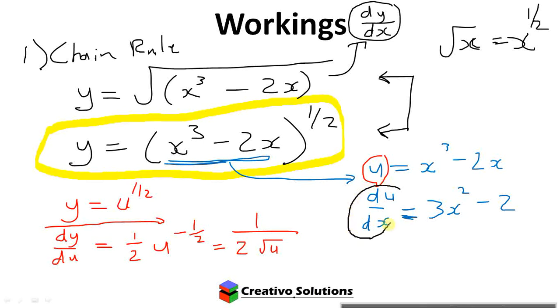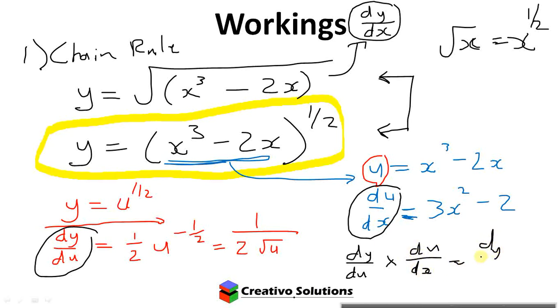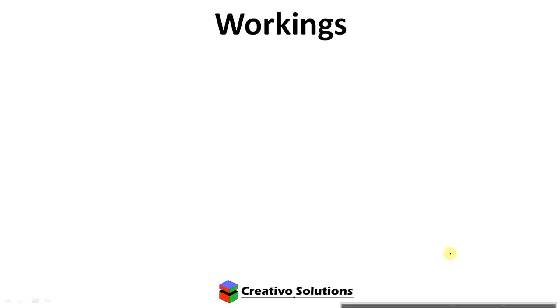I can use this and I can use that. Dy over du times du over dx is going to give me dy over dx. And that's what I want. Right, so I'm basically going to take the blue and I'm going to times it by the red. Make sense? Okay, so let's show that on this page.